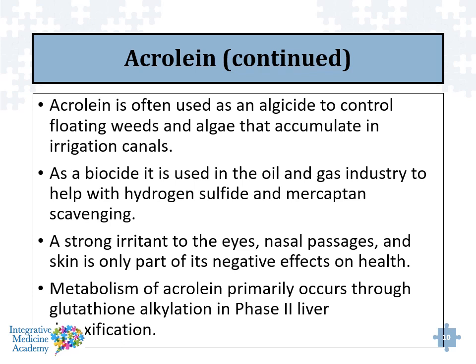It is a strong irritant to the eyes, nasal passages, and skin. That's only part of its negative effects on health. The metabolism of acrolein primarily occurs through what's called glutathione alkylation. We know that glutathione effects in liver metabolism take place primarily through phase 2 liver detoxification.